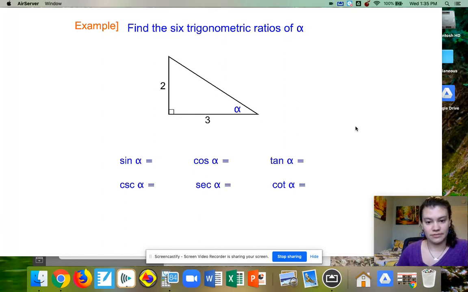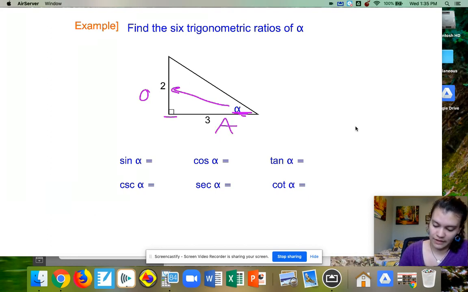So, some examples figuring these out. Here we have a triangle. There's our angle. We have a 2 and a 3, but we don't know what the third side is. Straight across from our angle is the 2, so that's the opposite side. Touching the angle and the 90 is your adjacent side. And this would be our hypotenuse.